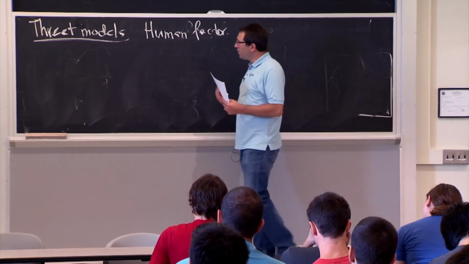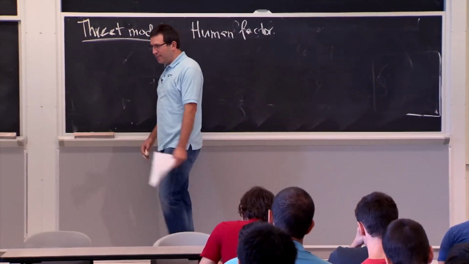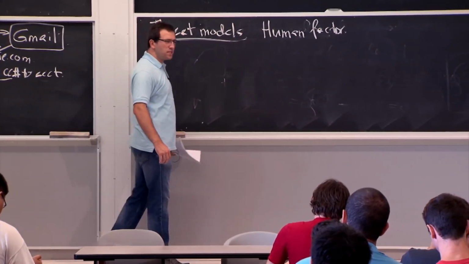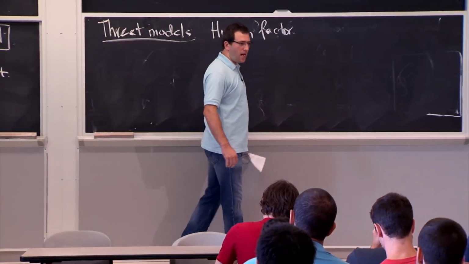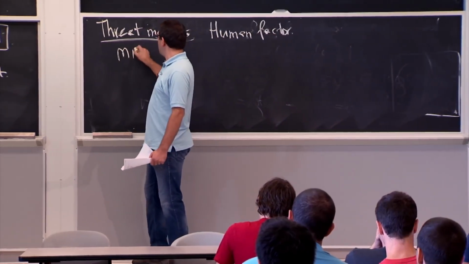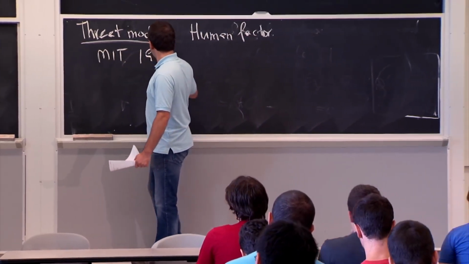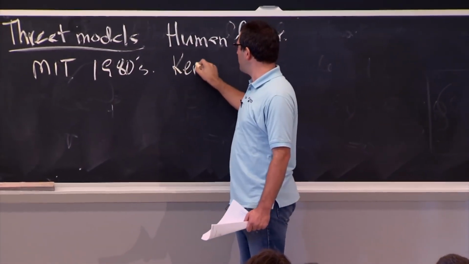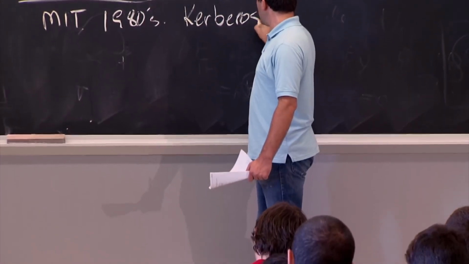Another good thing to watch out for in threat models is that they sometimes change over time, or whether something is a good assumption or not changes over time. One example of this is actually at MIT in the mid-80s. Project Athena developed this system called Kerberos, and we'll read about this in a couple of weeks in this class.